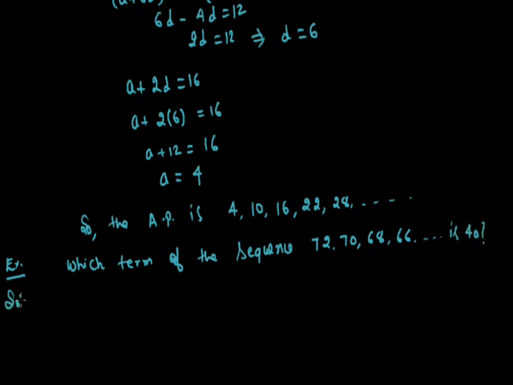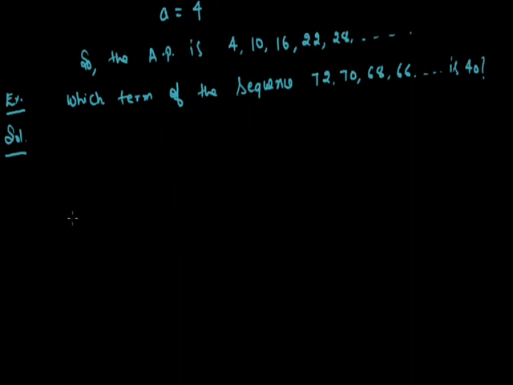Now solution for this example. The sequence given is 72, 70, 68, 66 and so on. Here the first term is 72. Now from this sequence we know that if the common difference is constant, then it will be an AP. Here the common difference is 70 minus 72, which is minus 2. 68 minus 70 is minus 2.